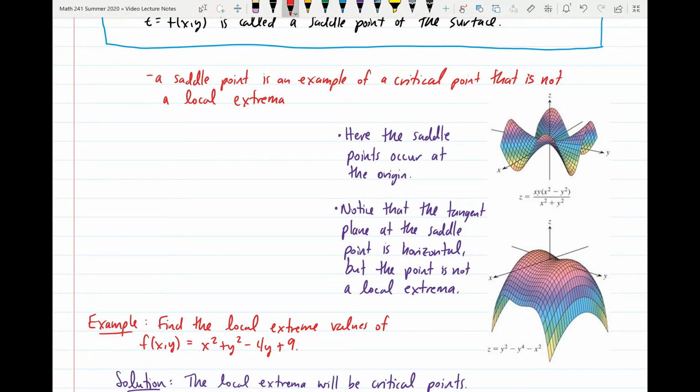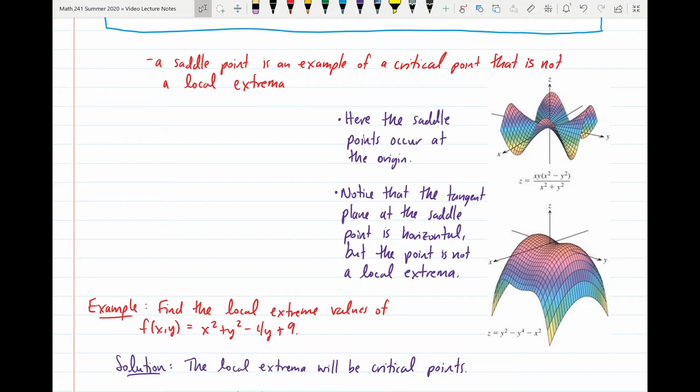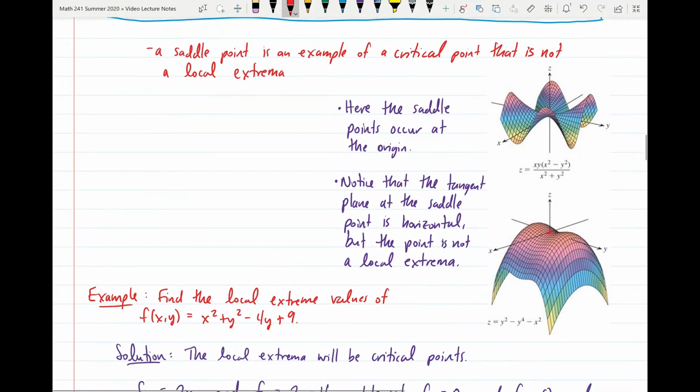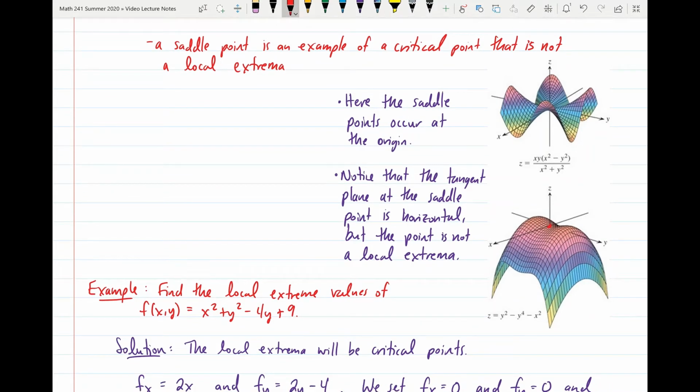I have 2 different pictures on the right of saddle points, specifically at the origin. So notice that if you look at this saddle point here, if you were to draw a tangent plane to that saddle point, the tangent plane is still going to be horizontal. It's going to be perpendicular to the z-axis. But you can see that the function curves down as you go along this direction, and the function curves up as you go along this direction and this direction.